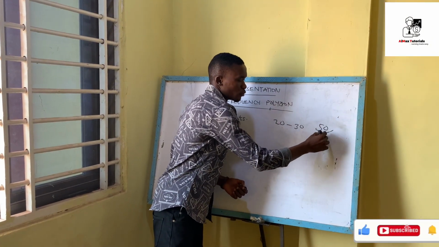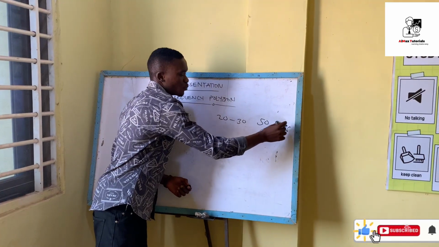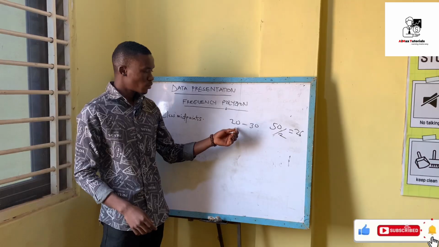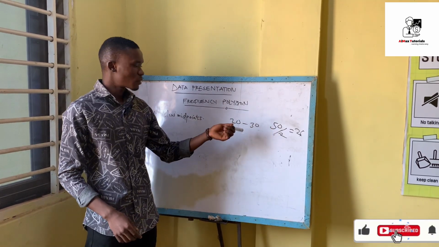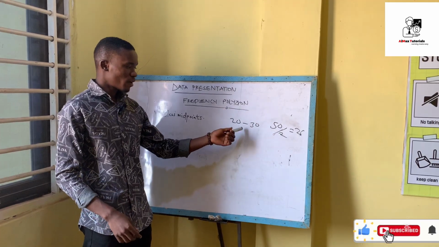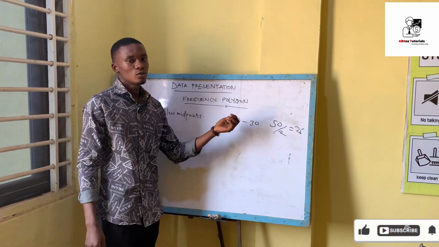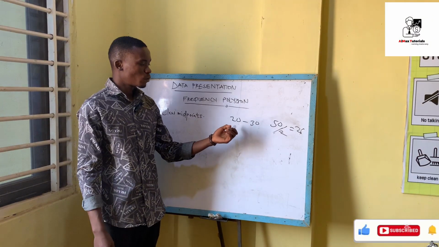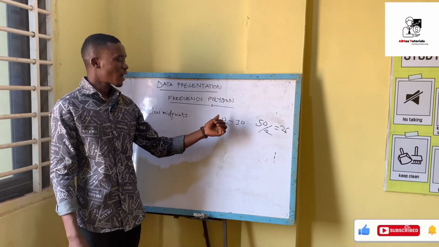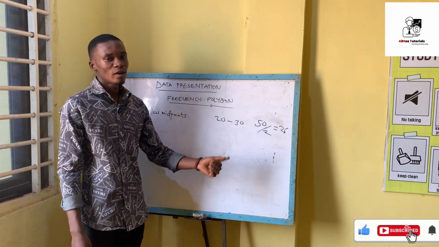Then you divide by 2 to get 25, which will be your class midpoint. Or you subtract 20 from 30, and the amount that you get, which will be 10, you divide by 2, you get 5. Then you add the 5 to the lower limit, which gives 25. But I think that will be long. So it's better you just add the lower limit to the upper limit, then you divide by 2.